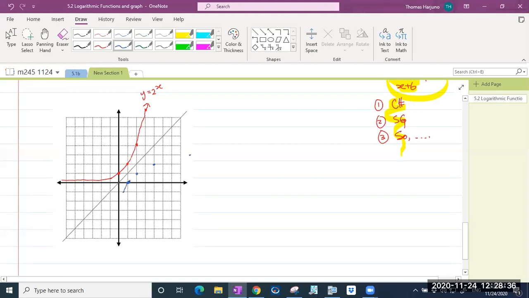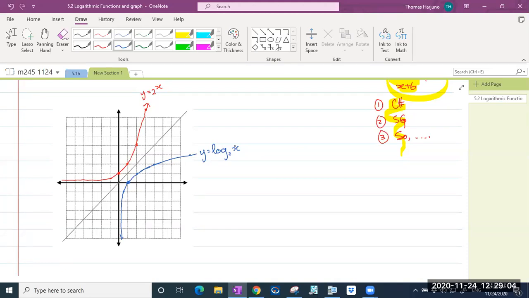So the graph of the log function will be the one in blue. 2 to the x becomes log base 2 of x. The good thing is when the exponential function is increasing, the inverse is still increasing.